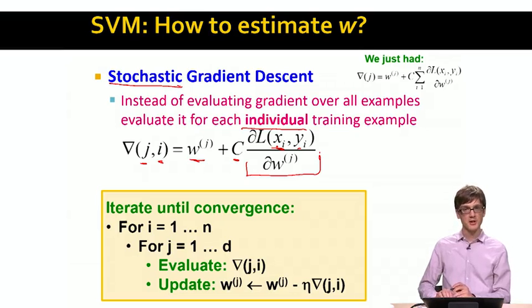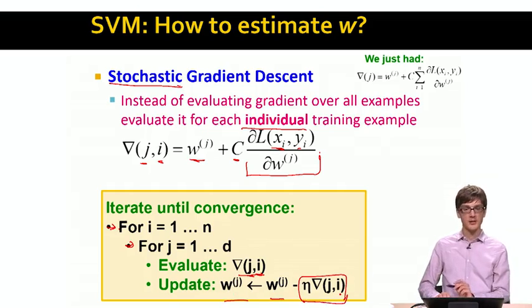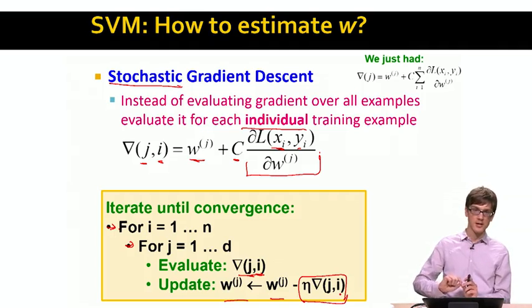So how this changes our optimization problem is that now we have two for loops, where the first loop goes over all the data, and the second one goes over all the coordinates. We simply say, let's evaluate the gradient at coordinate j for a given data point, and then let's move in the direction of the gradient at that individual data point. So what this means is that our calculation of the gradient is now very fast.